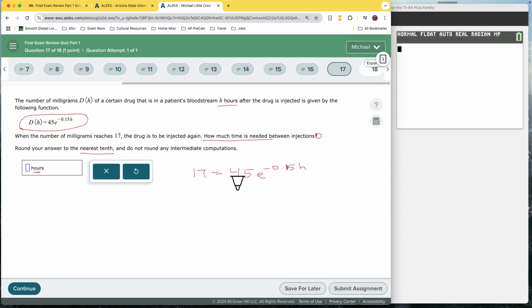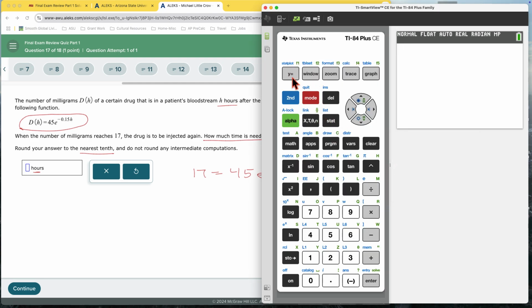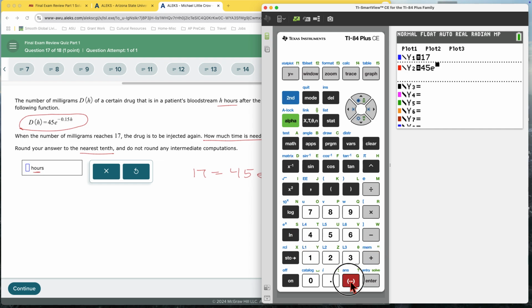Again, using the graphing calculator, we can graph both sides, find the intersection, and we're as good as gold. So let's go with that method. 17 is on the left side, and 45 second E, that's a shifted log, to the minus 0.15 X is our variable.